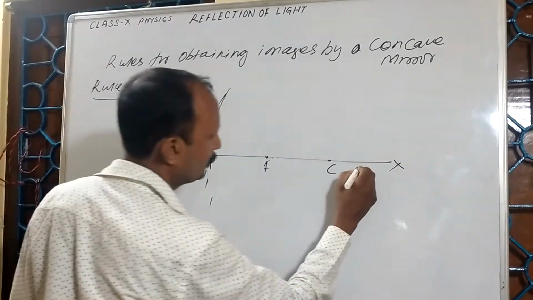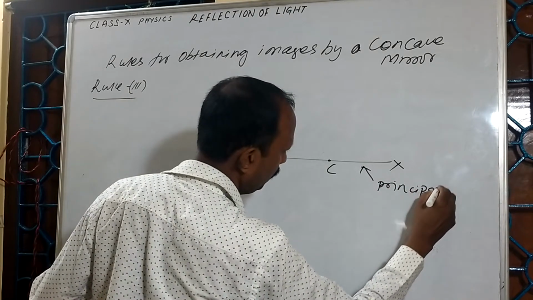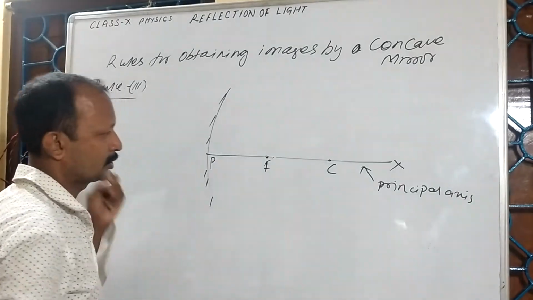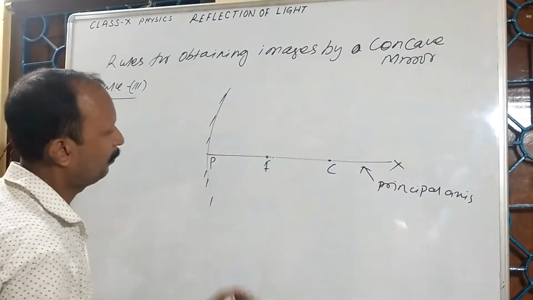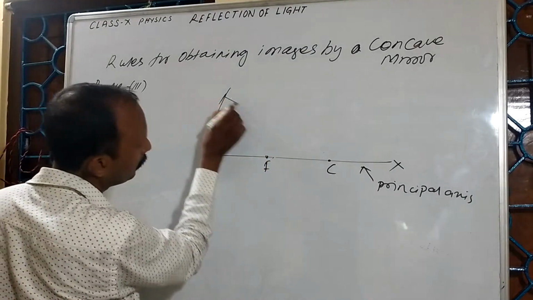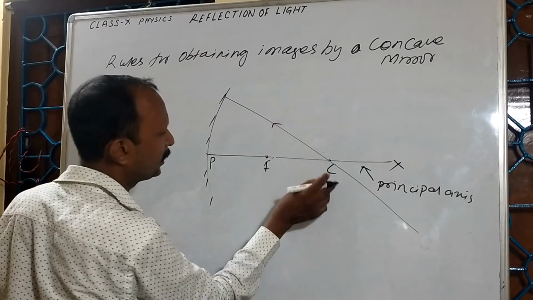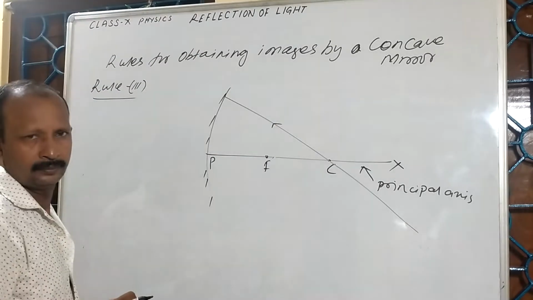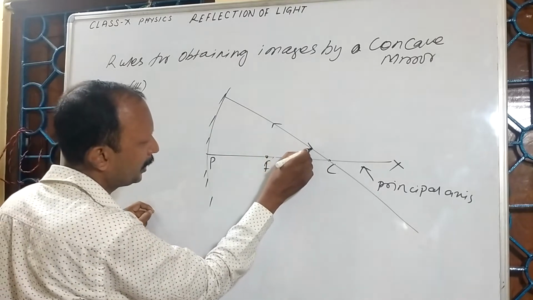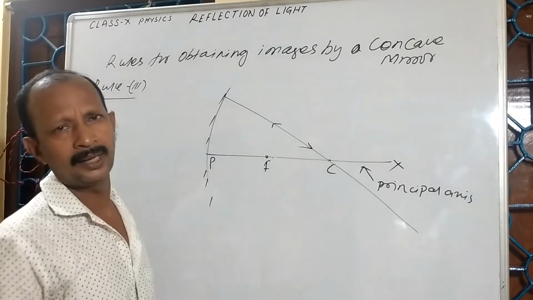This is the principal axis. Center of curvature, focus. Now, suppose a light ray coming through the center of curvature, after incidence, it will reflect back along the same path.